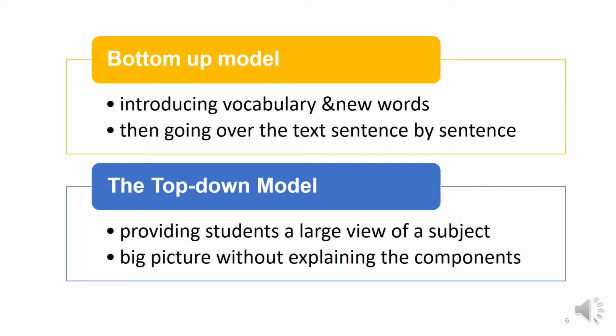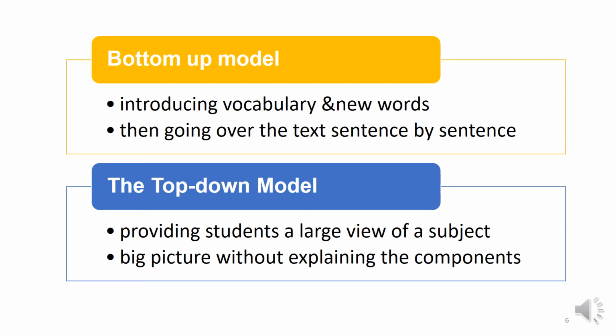A bottom-up teaching approach begins with the component parts of a subject and gradually builds up the whole. Okay? While the top-down model regards reading as a process of decoding which moves from the bottom to the top of the system of language.